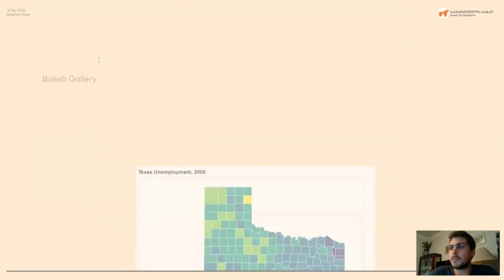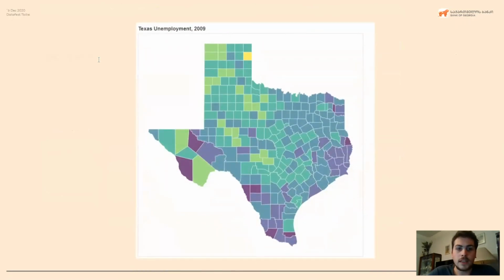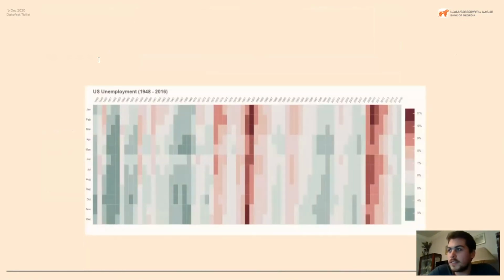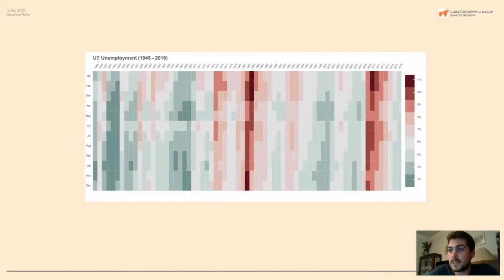Here is, for example, the Texas unemployment choropleth. This plot is called a choropleth, as you all know. We can build such graphs in Bokeh, or like this, unemployment also built in Bokeh for different years and for different months.